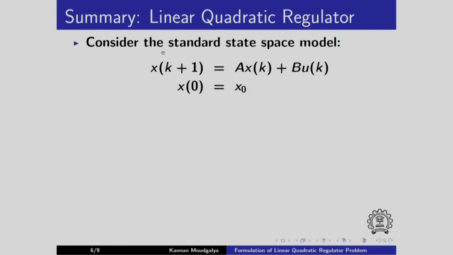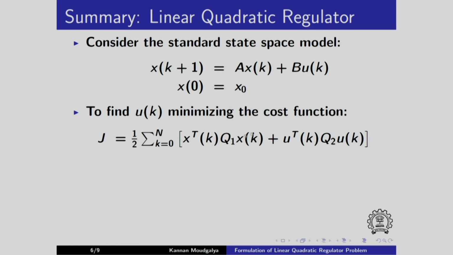To summarize, we considered the standard state space model to find u k which minimized the following cost function. We want Q1 to be positive semi definite and Q2 to be positive definite. Both Q1 and Q2 are symmetric.